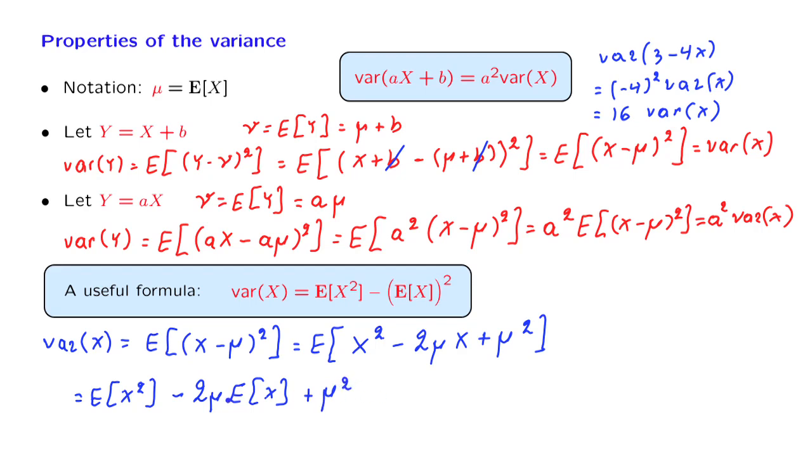But remember that mu is just the same as the expected value of X. So what we have here is minus twice the expected value of X squared plus the expected value of X squared, and that leaves us with just the expected value of X squared minus the expected value of X squared.